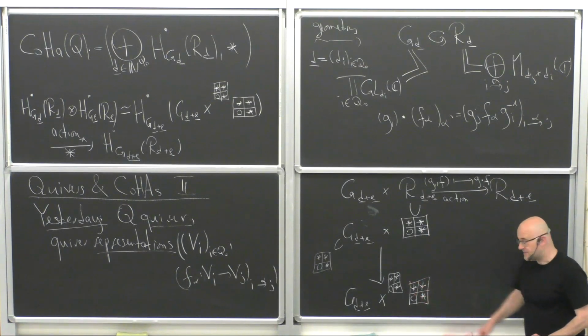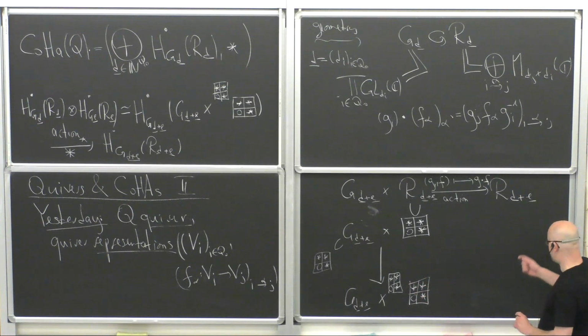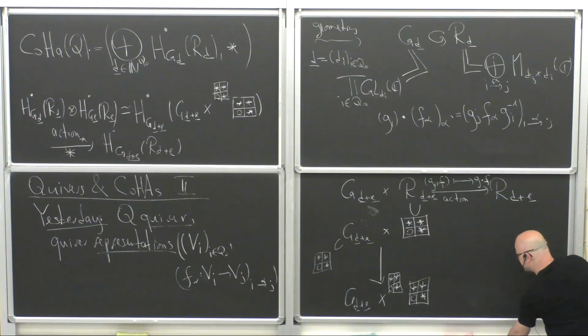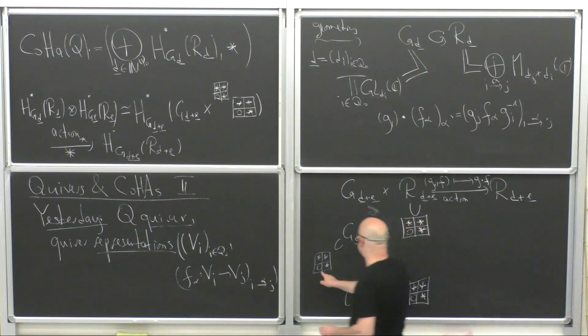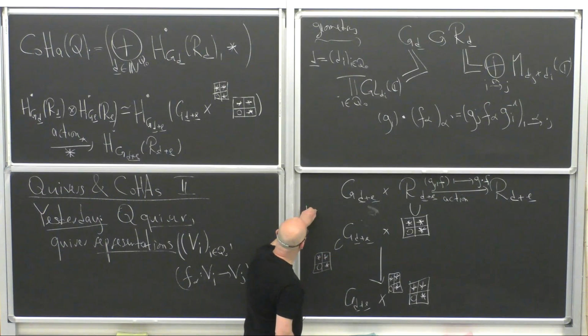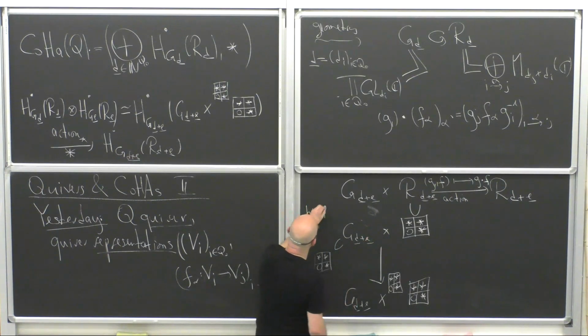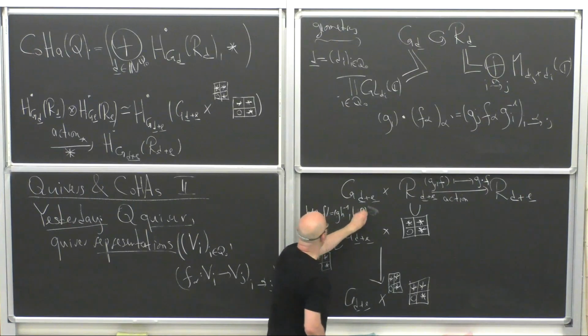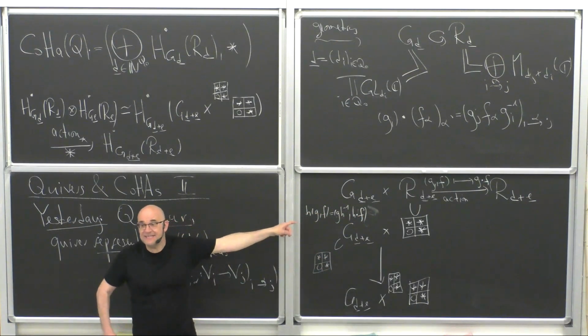And let me write down this group action. It should be in green because that group action was in green too. So if I have an element H in here, it acts on a pair G, F as G inverse, G H inverse, H dot F. This is this anti-diagonal action.